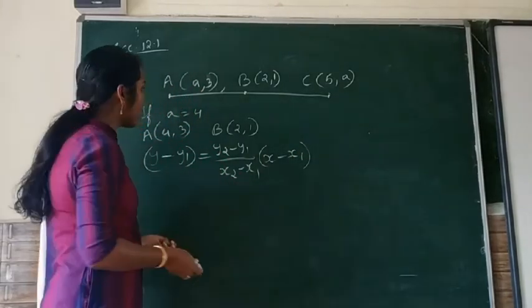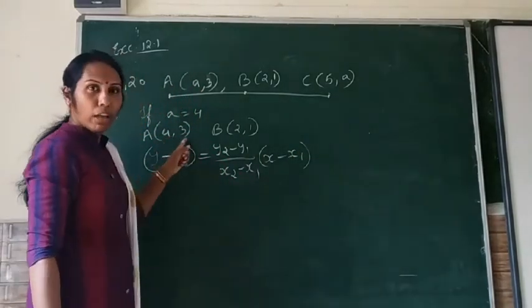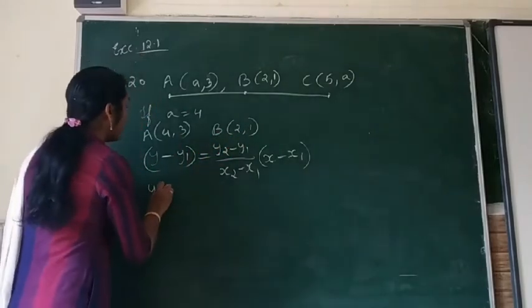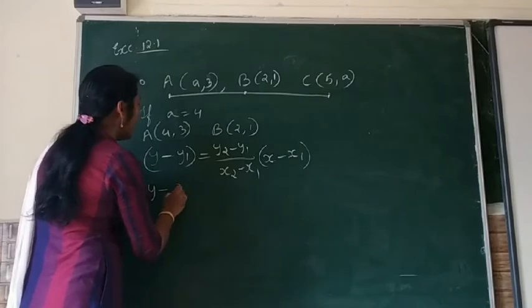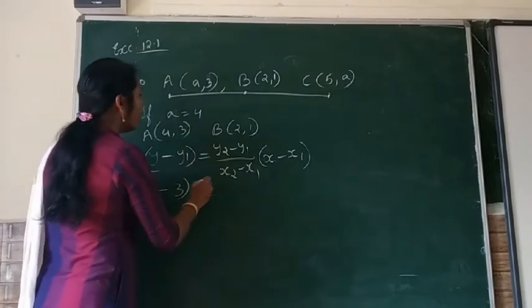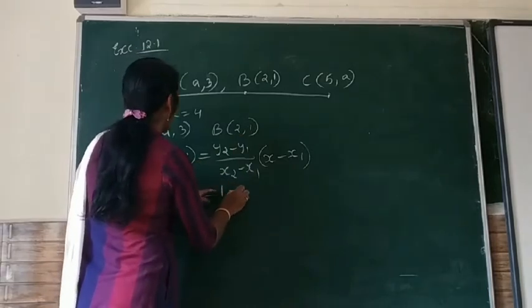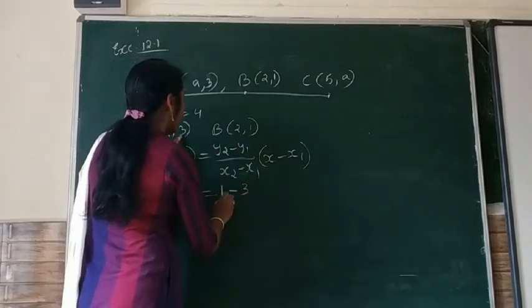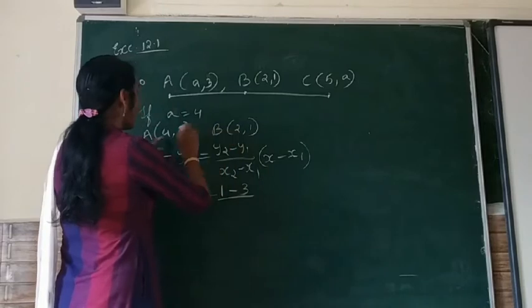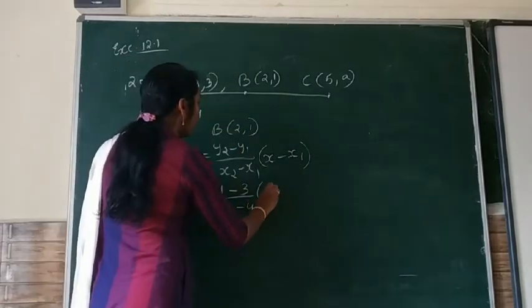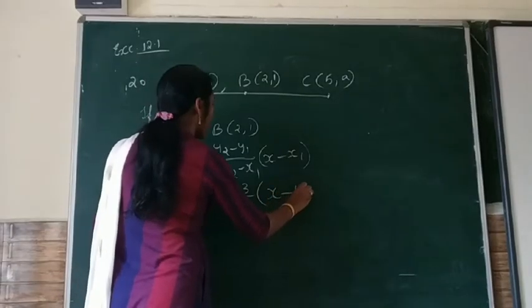In this we will substitute the values of x1, y1, x2 and y2. So y minus y1, 3, is equal to y2 minus y1, 1 minus 3, divided by x2 minus x1, 2 minus 4, into x minus x1, that is x minus 4.